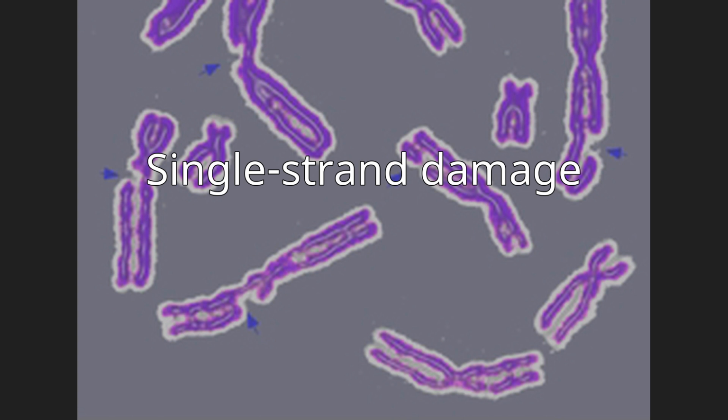NER is a highly evolutionarily conserved repair mechanism and is used in nearly all eukaryotic and prokaryotic cells. In prokaryotes, NER is mediated by different proteins. In eukaryotes, many more proteins are involved, although the general strategy is the same.